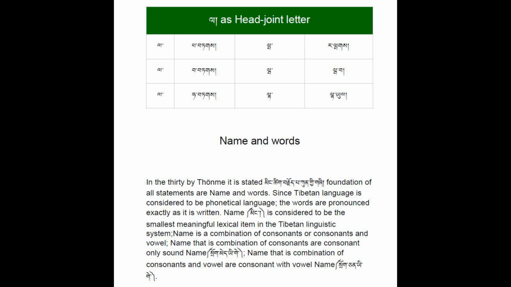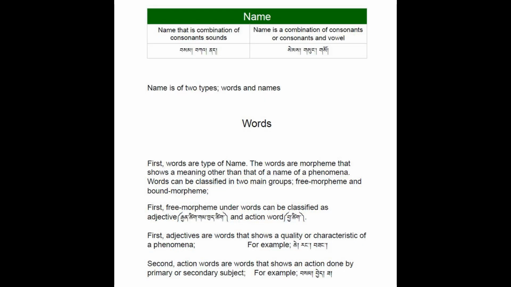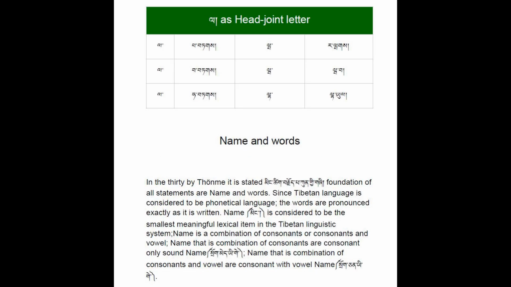As the name of the unit goes, it is the general classification, so we only talk about the classification. Therefore, there is not a lot of technicality in this particular unit, but name and words are the foundation of everything that you will be learning under this text.